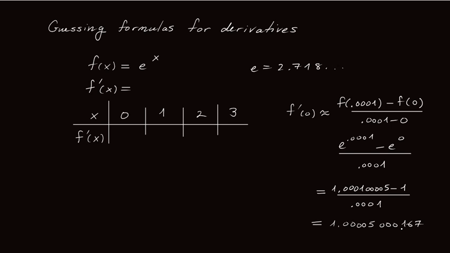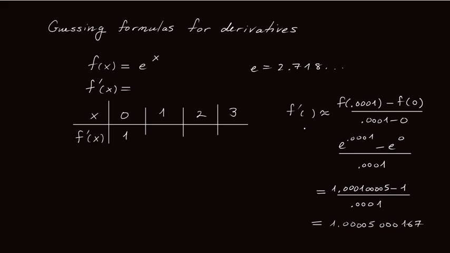Using my calculator, trying to keep as many digits as I can, let's just call that 1. That looks really close to 1. So I'm going to say the derivative of f, if f is e to the x, is 1 at 0. That's an approximation for f prime of 0.